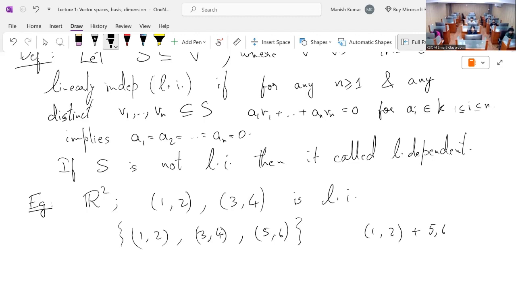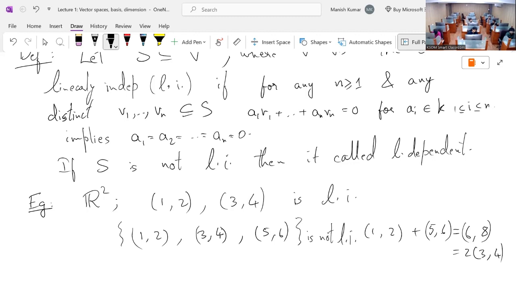How much is it? 6, 8, which is 2 times 3, 4. So now you have a linear relation between these three. So it can't be linearly independent.